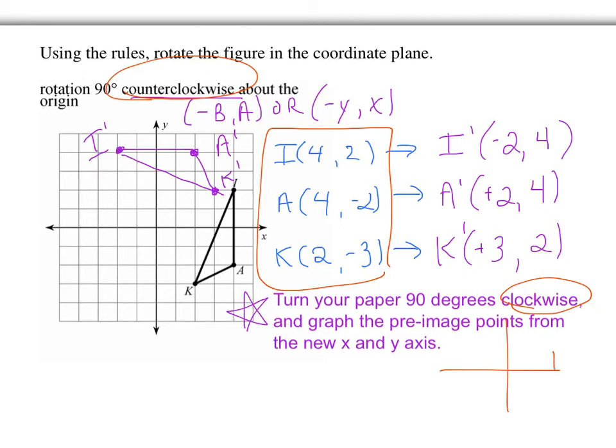So my 4, 2, and then my 4, negative 2, and then 2, negative 3, I would graph those coordinates, but then I turn my paper back and it'll be back to what these final coordinates are over here on the right. So I'll show you this in class, but I'm just going to mention it this one time so you can write that on your paper.